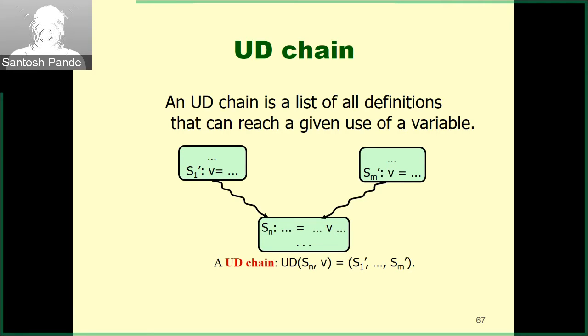But imagine now, this is the answer, of course. In between S1 dash and Sn on that path which is shown by the jagged line, A has not changed because it is reaching, finding its way there and delivering the value, and it's the only reaching definition coming from there. But along that path, what is the guarantee about B? We haven't accounted for that in the reaching definition analysis, so B could have changed.